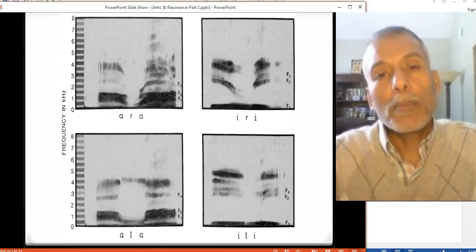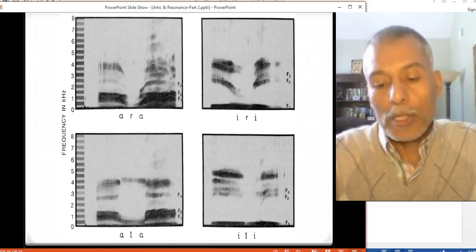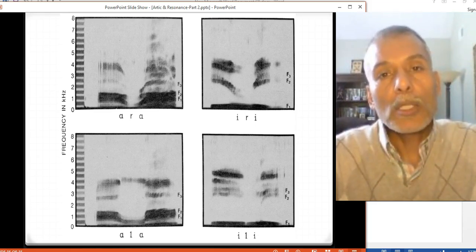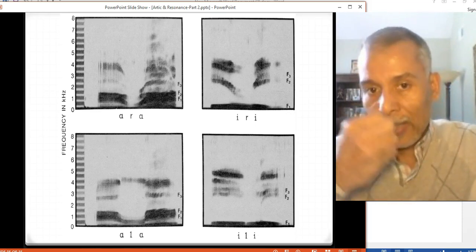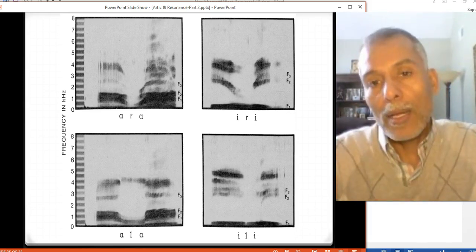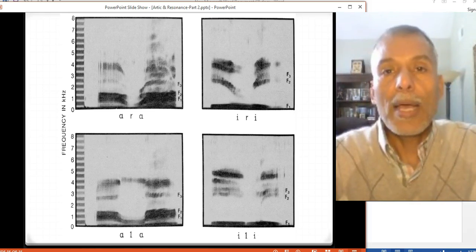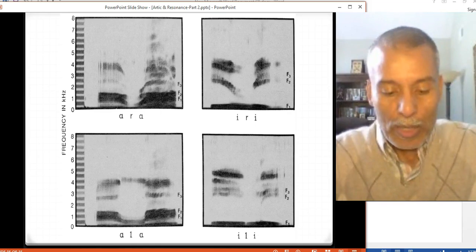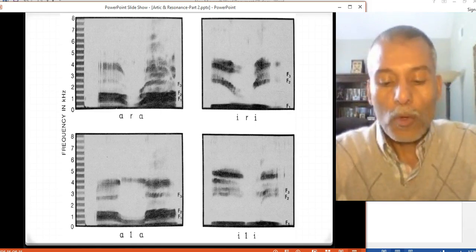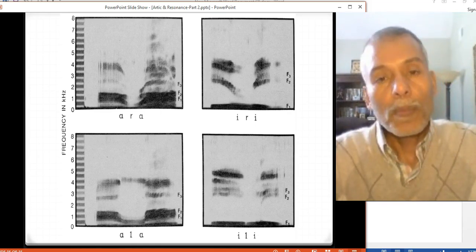How do you explain the difference between the antiformants for the different nasals? Why is the first antiformant for one lower than the other? What are the formant values for nasal sounds?